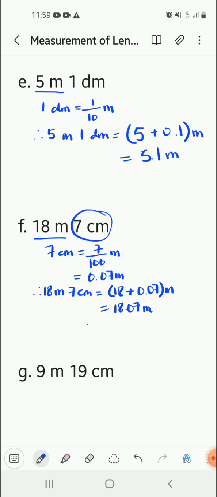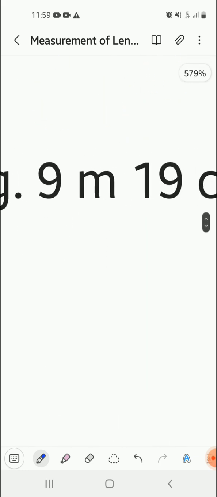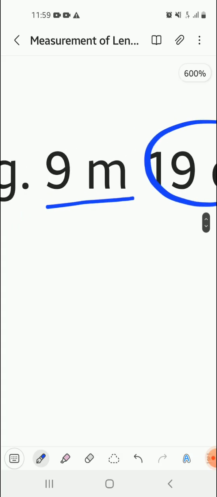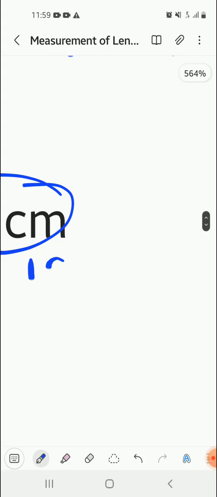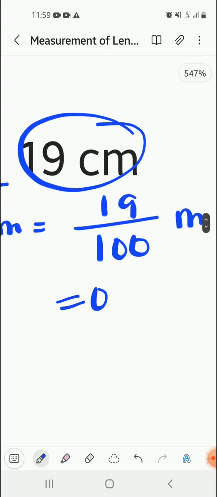Moving on to the next question. 9 meter 19 centimeter. So again meter, 9 meter is already as it is, 19 centimeter we need to convert. So 19 centimeter is equal to 19 by 100 meter, which is 0.19 meter.